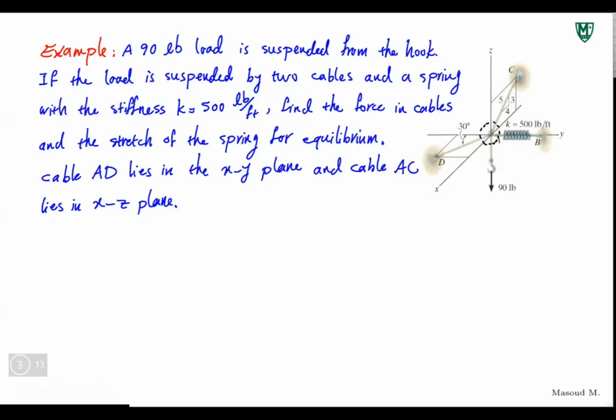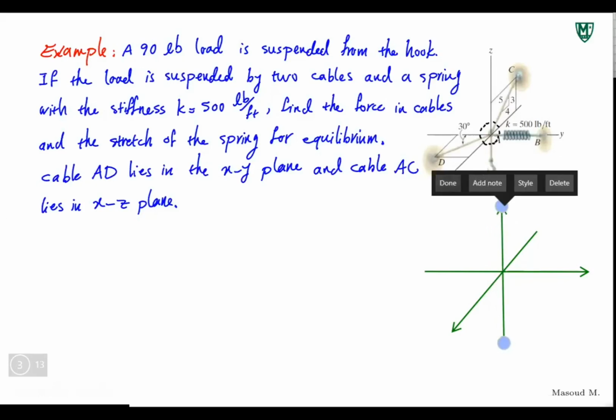So if I draw that, let me draw the axes here to make sure things are more clear. Let's say this is my X axis, this is my Y axis, and this is Z axis. I'm just going to name them.